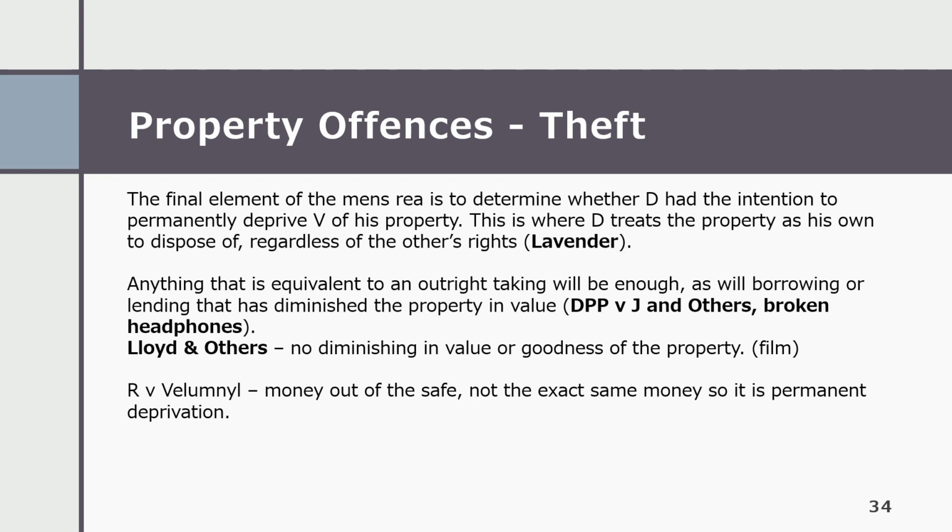As a counteracting case, as there was no diminishing in value or goodness of the property, he stole film and returned it in perfect condition. R v Velumyl, however, he took money out of the safe, used it, put money back into the safe. However, it is not the exact same money, therefore it is permanent deprivation.